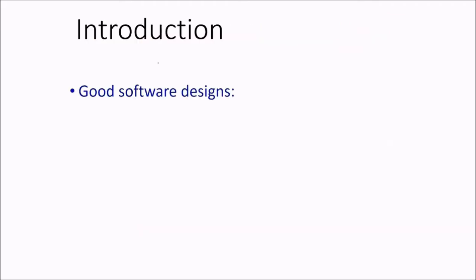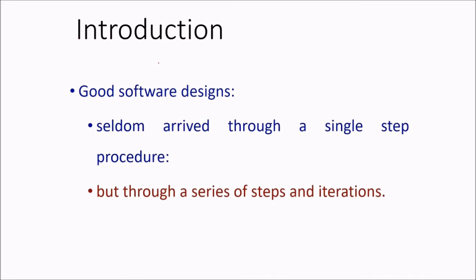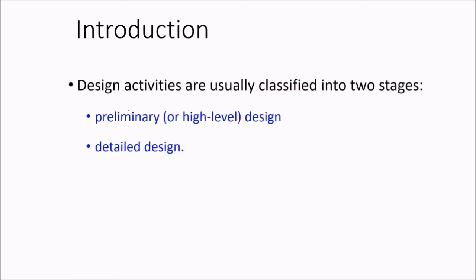So what are good software designs? What will you regard as a good software design? First, good designs come with a series of steps and iterations, and design activities are usually classified into two stages: preliminary design, or high level design, and detailed design.